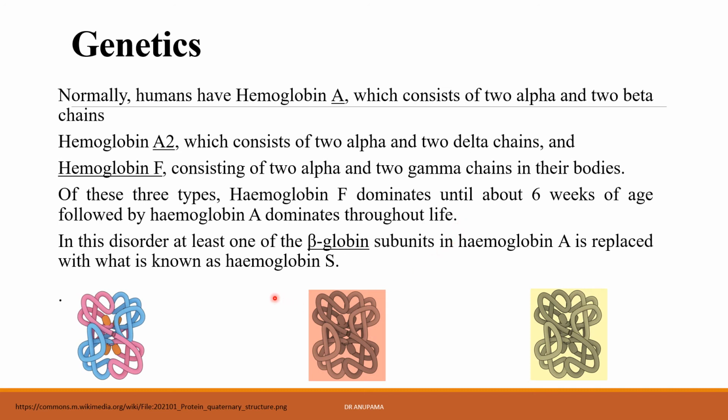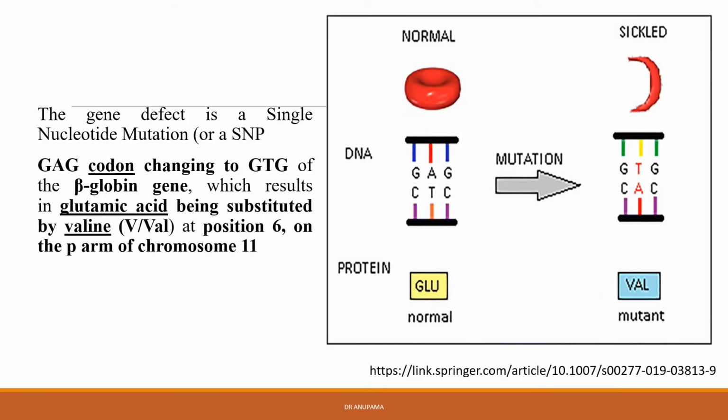In this disorder, at least one of the beta globin subunits in hemoglobin A is replaced with what is known as hemoglobin S. The gene defect is a single nucleotide mutation. So we have GAG changing to GTG of the beta globin gene, that results in substitution of valine instead of glutamic acid at position 6 on the p arm of chromosome 11.